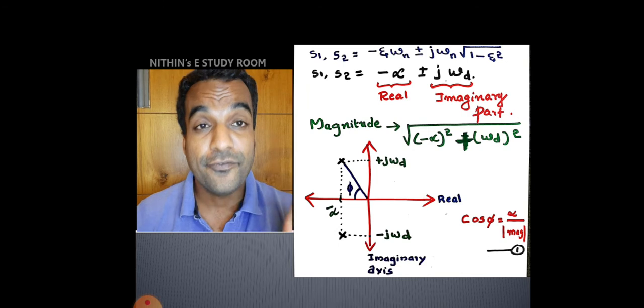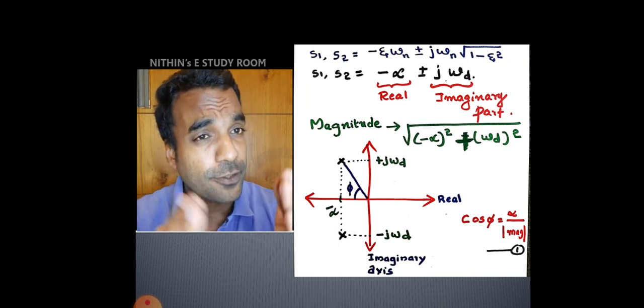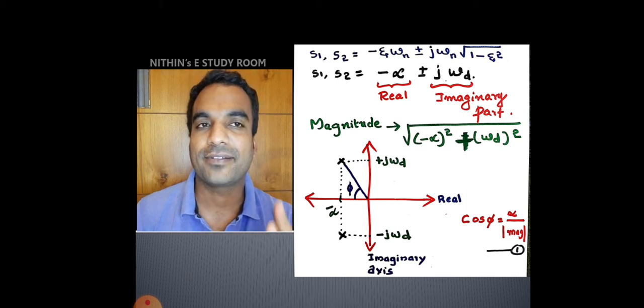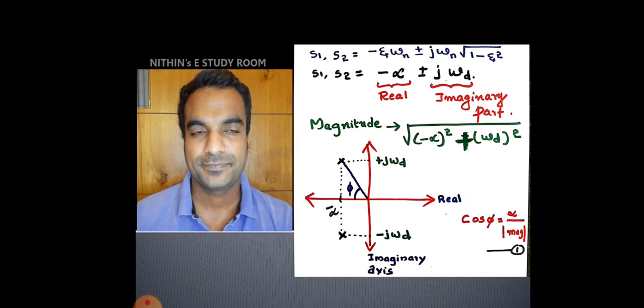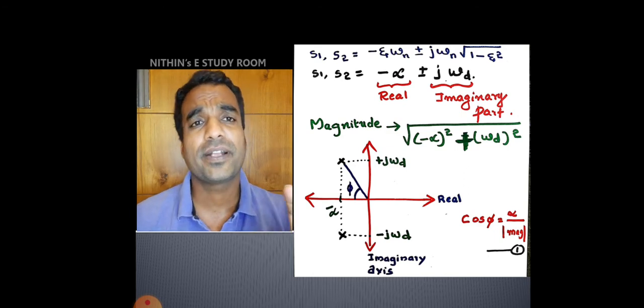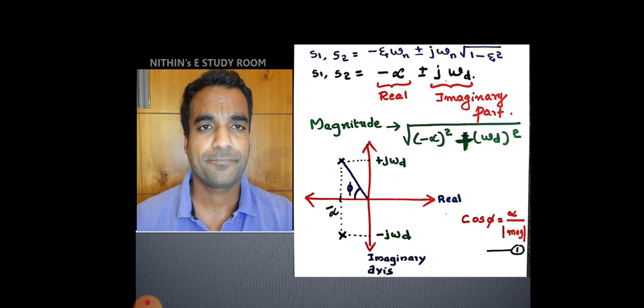There is a very close relationship between the phi angle and the damping factor we are providing. What is the damping factor? The damping factor is something that we provide to limit the oscillation.